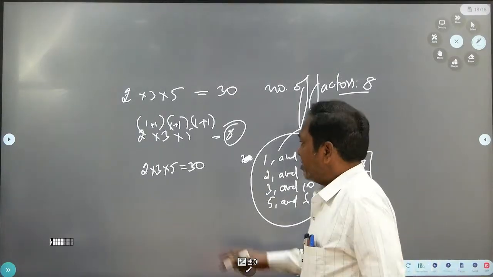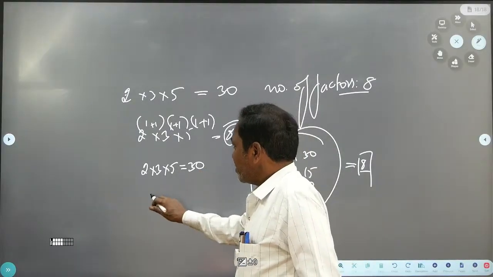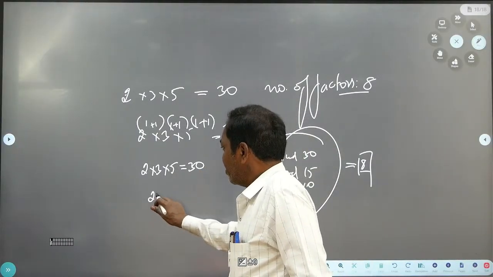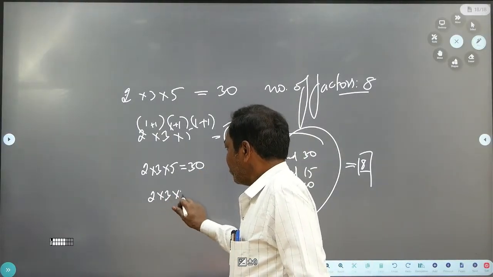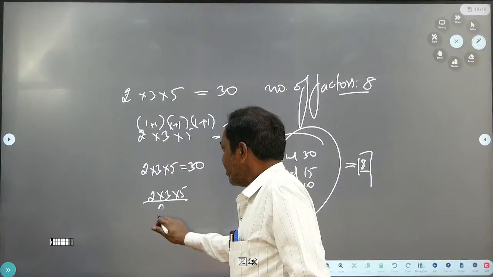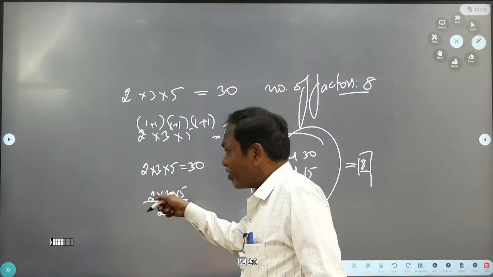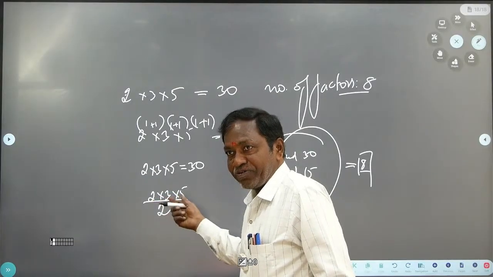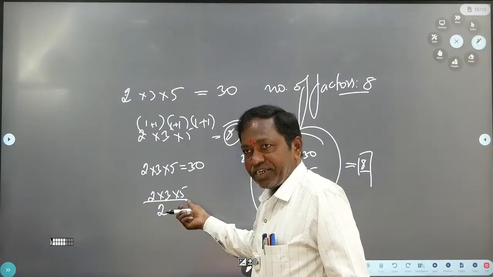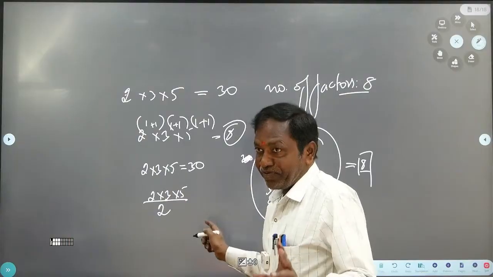Now, when the number is there, see, the product of any number like 2 into 3 into 5 is always divisible by 2, because this is a product with 2, a multiple of 2. Whatever result you get here is a multiple of 2.